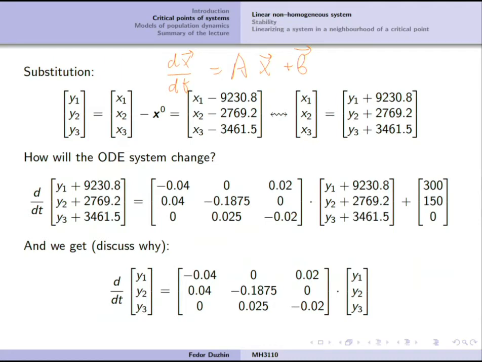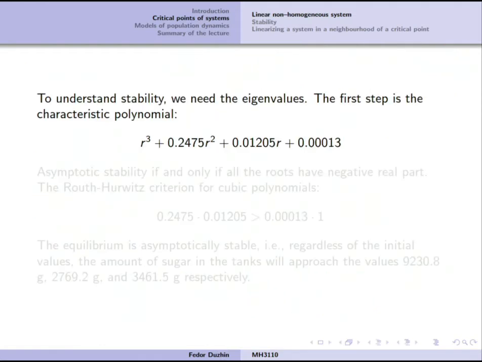If you calculate the equilibrium solution, which is A inverse times minus b, and if you apply a similar substitution, then you're going to transform the non-homogeneous system to a homogeneous system. Well, but then to understand stability, we need to figure out whether eigenvalues are positive or negative. A system is asymptotically stable if and only if all the eigenvalues have negative real part.